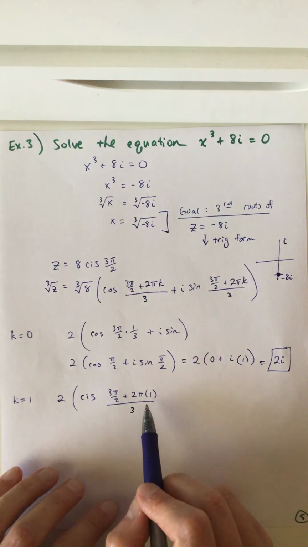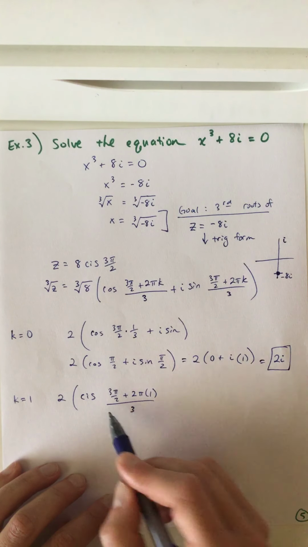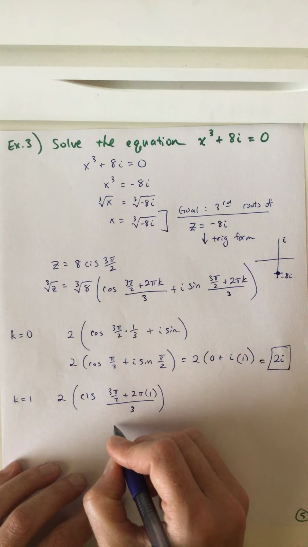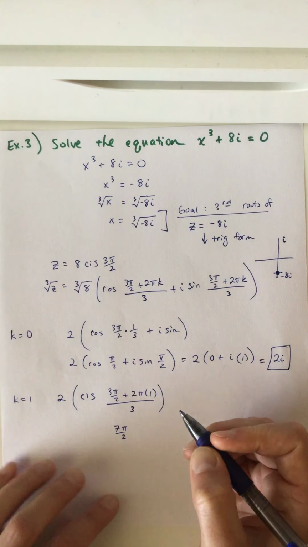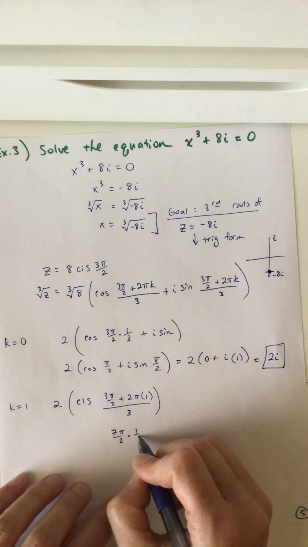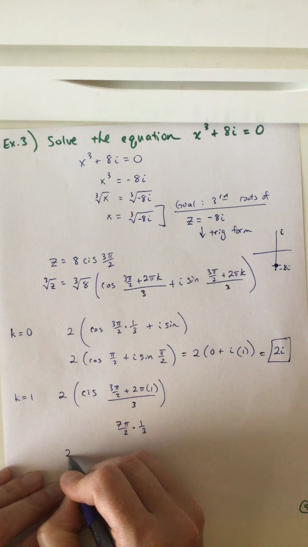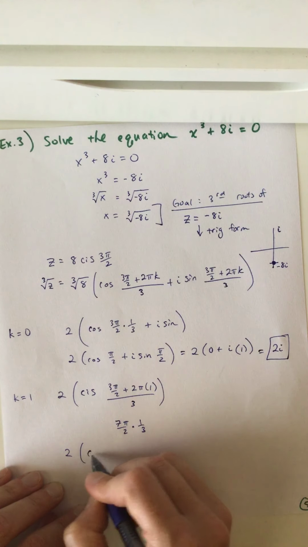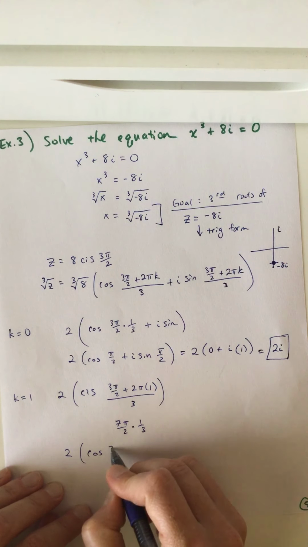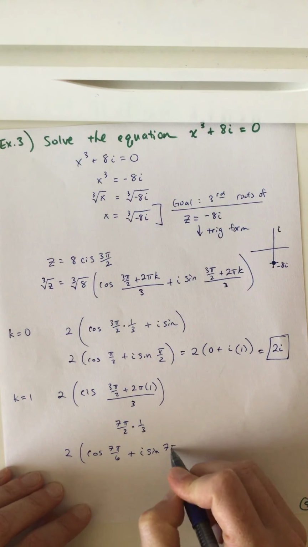I'm going to go ahead and think about adding 4 halves plus 3 halves. So that would be 7 halves. And then it's all over 3, so we can think about times 1/3. So we've got 2 times cosine 7 pi over 6 plus i sine 7 pi over 6.